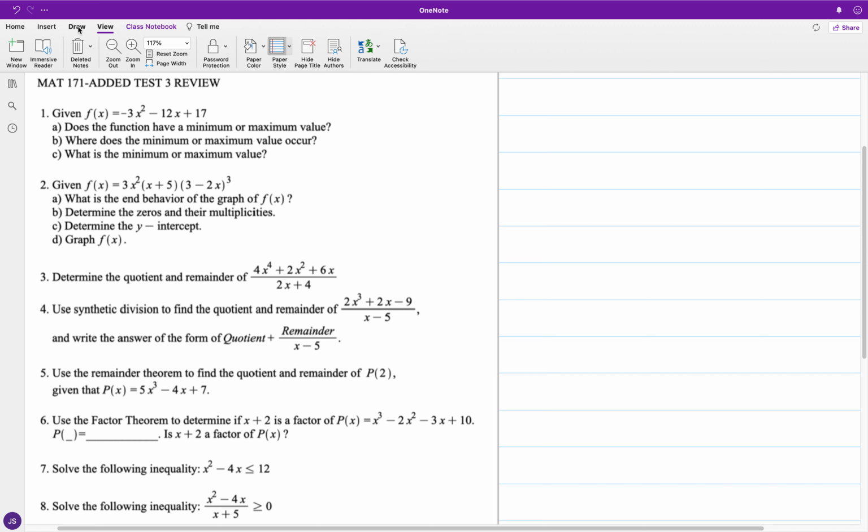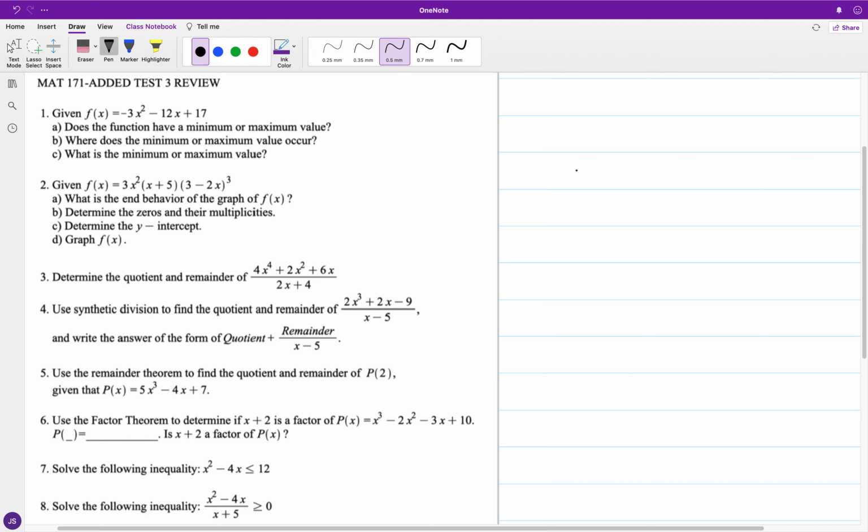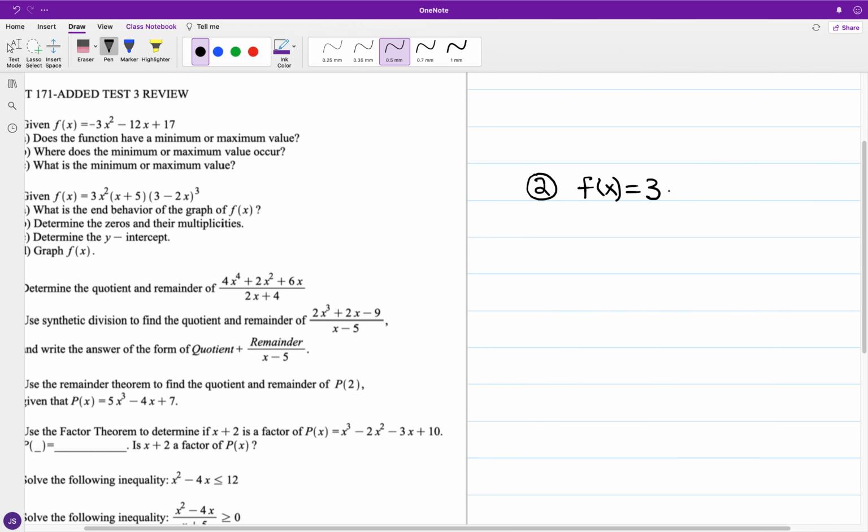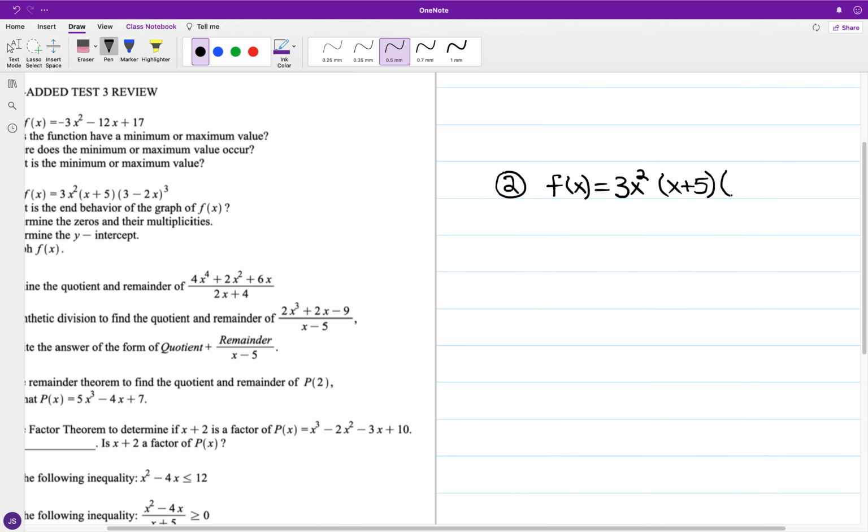So with f of x, you have 3x squared times the quantity of x plus 5, times the quantity of 3 minus 2x raised to the third.